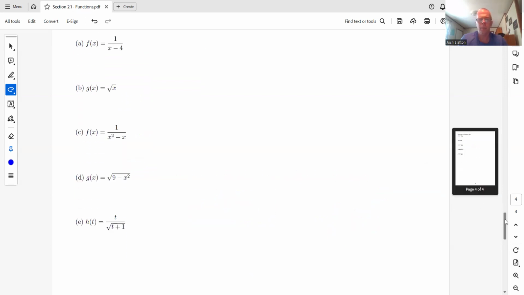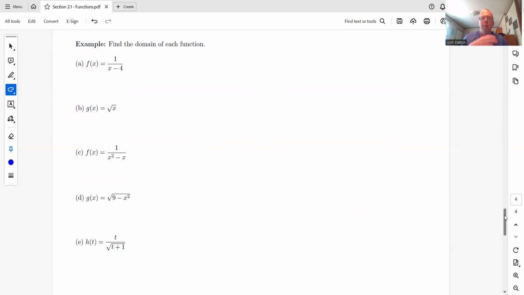All right, so the last thing we'll talk about in this section is the domain. It's very important with domain that you pay attention to what type of function we're looking at. We're going to learn many different types of functions throughout this semester, but there are pretty basic rules to finding these domains.